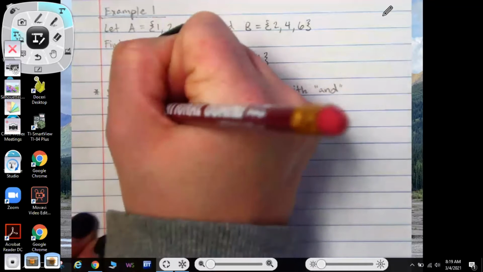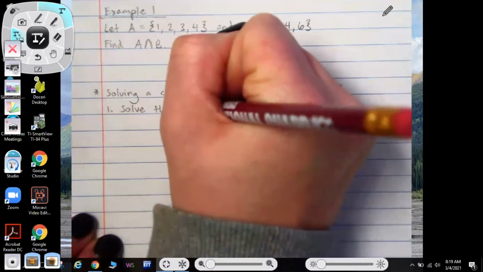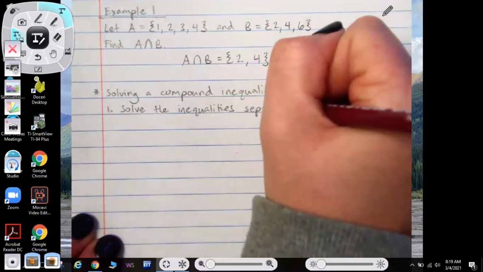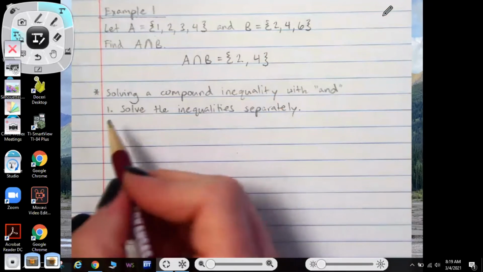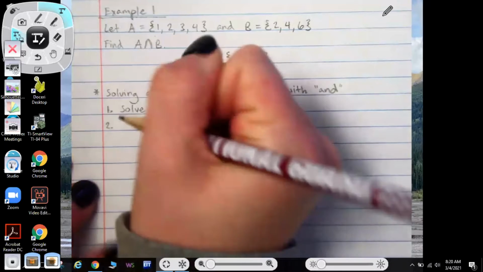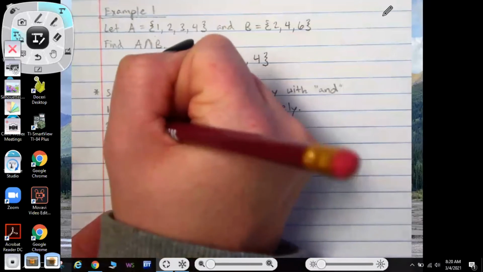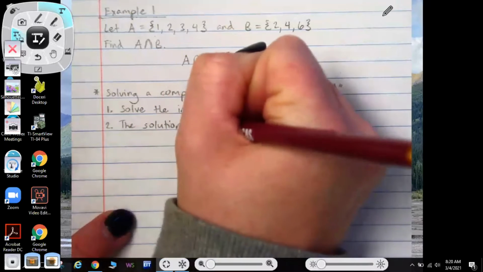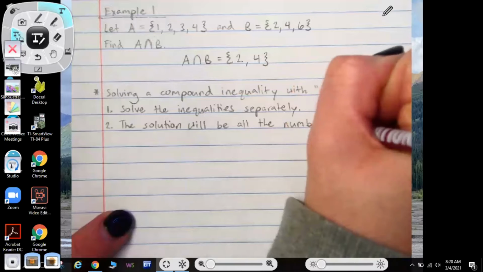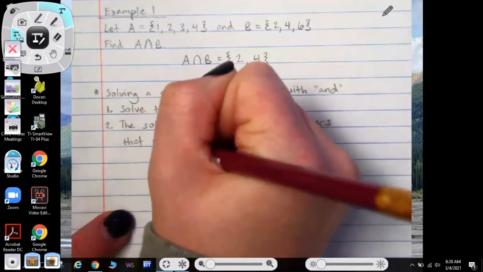First step is to solve the inequalities separately. And then the solution will be all the numbers that satisfy both inequalities.